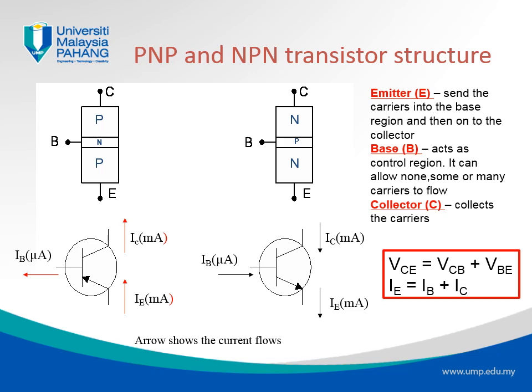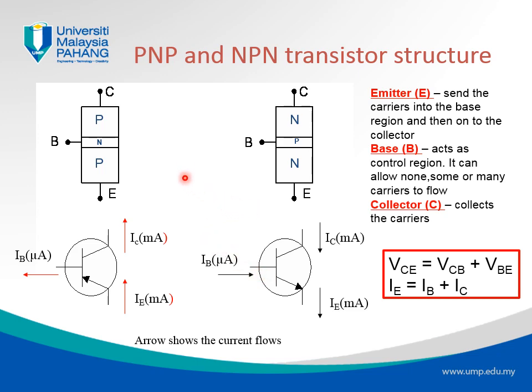The same thing that we explained in the previous slide also happens to the other type of transistor as well. So be it PNP or NPN, the same processes occur in both types of transistors. Therefore, we can deduce the direction of current across the junctions of the BJT, right?